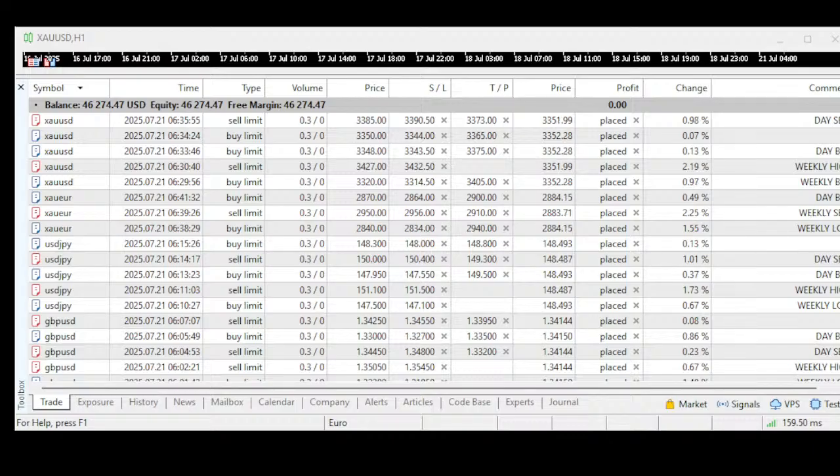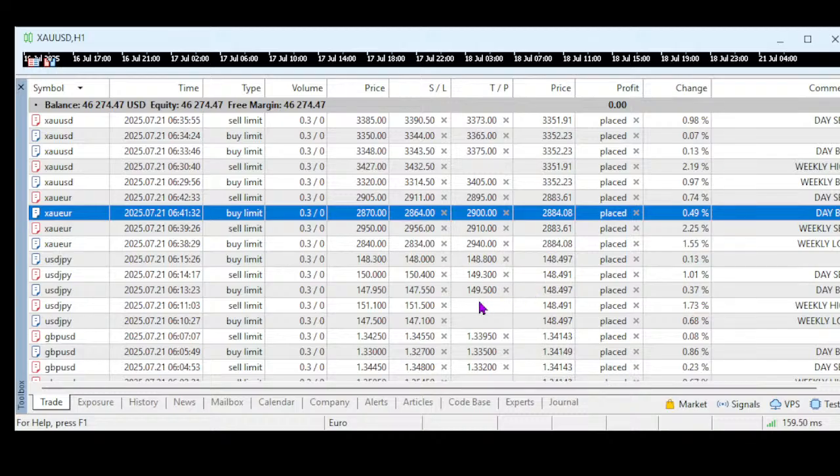Okay, so this is a day sell. So we have a day buy and a day sell, which is 2905.